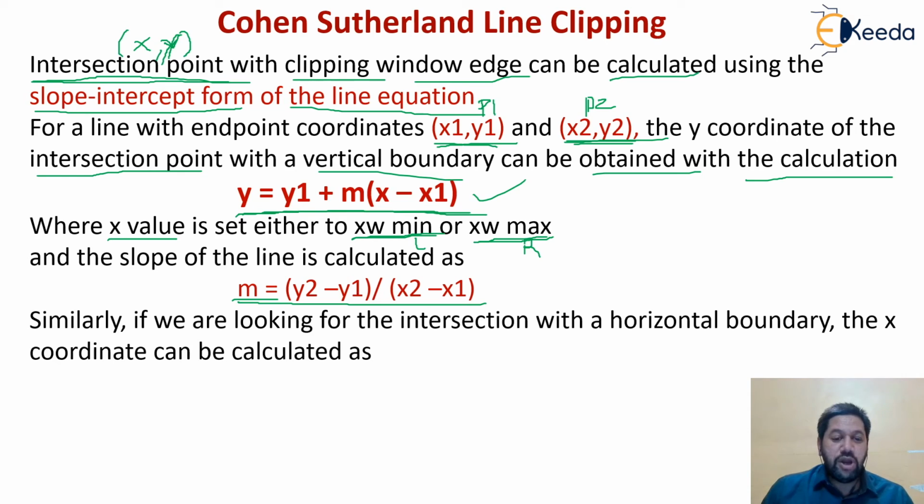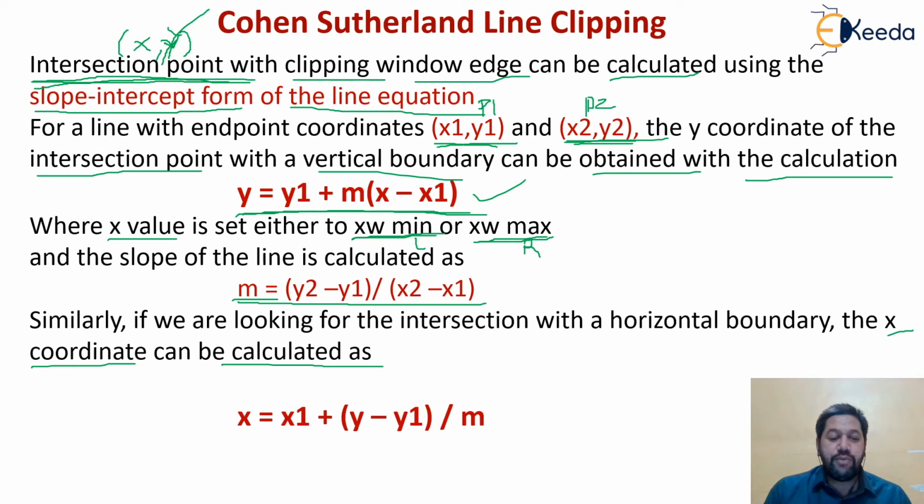Okay, now I have written the formula to find out the y coordinate value of the intersection point. So this is the y value of the intersection point. Similarly, we are looking for the intersection with horizontal boundaries. The x value of the intersection point can be calculated using a similar formula.